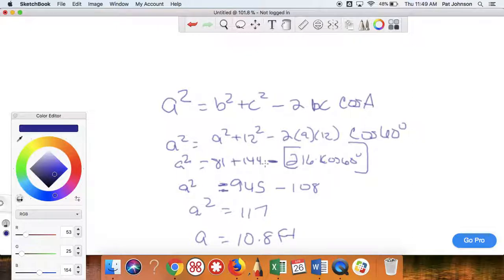So 9 squared plus 12 squared minus 2 times 9 times 12 times the cosine of 60. You have to make sure that you do the order right when you put it in the calculator. All right, do the practice problems. Oh, here's the problem here. This is 225. Yes, there's my mistake. All right, do the practice problems and we will see you in class.